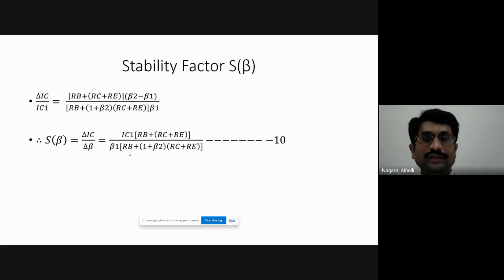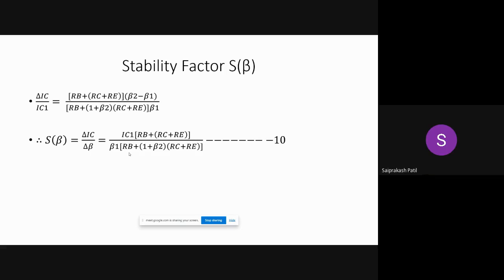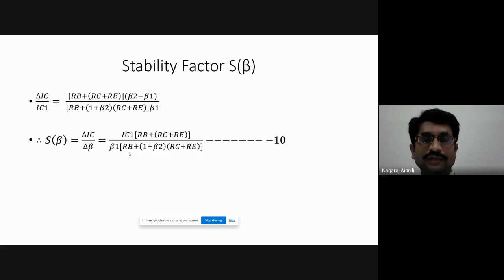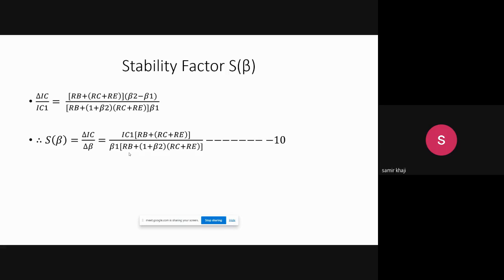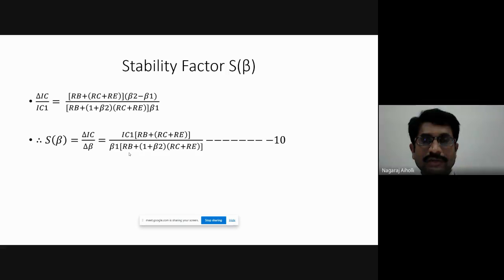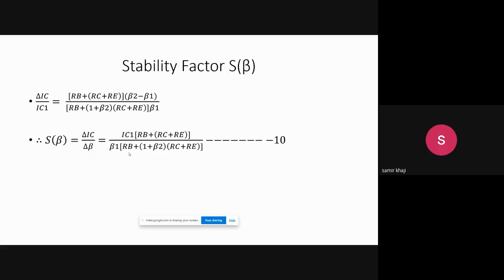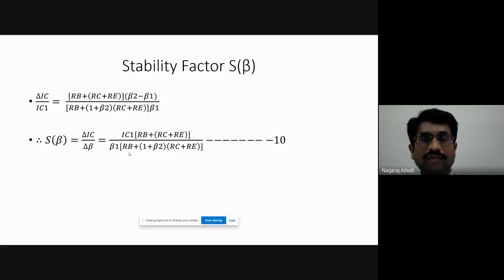Is it clear what the steps are, how to do it? Samir Ahmed? Yes, sir. Once more I will practice. Okay, just practice it. If you have any difficulty, you can ask me anytime. Sania, is it understood?